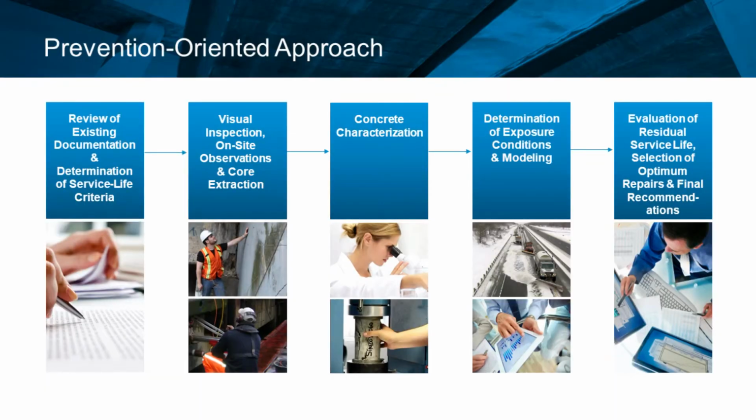In most cases, we already have it. We need also, in certain cases, core extraction, and strategically located cores to evaluate the state of contamination of the bridge or the state of degradation, the extent of degradation, to evaluate the extent of repairs.